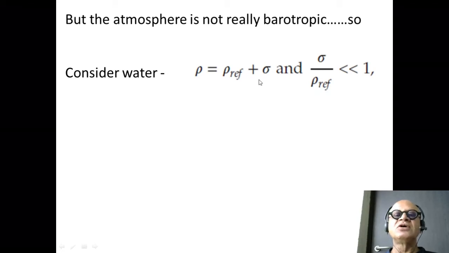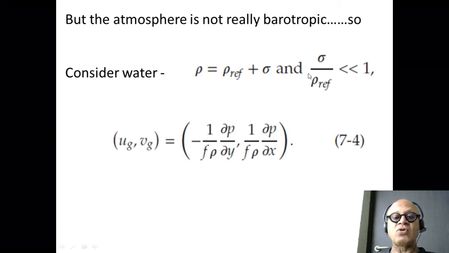Okay, remember, well, we haven't done it yet, but salinity only varies by about 30 to 35 grams per kilogram of water. So the deviations from the reference density are very small. That's all this is saying. Sigma over rho ref is much less than 1.